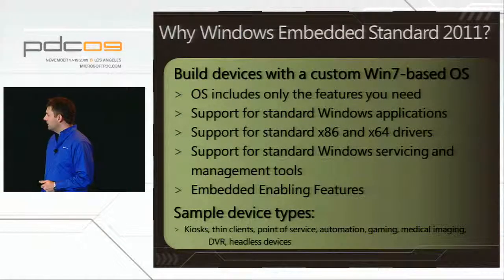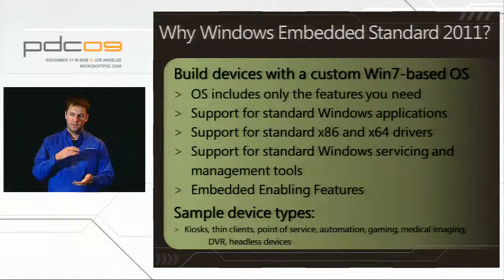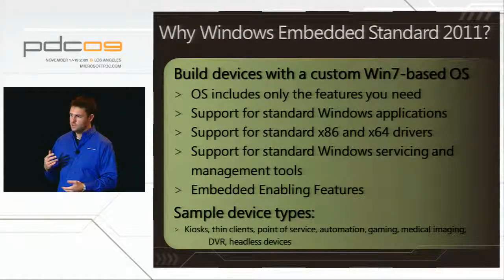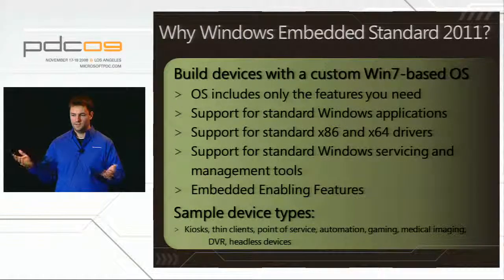So why exactly would you use Windows Embedded Standard 2011? What it is, we take Windows 7 and we break it down into hundreds of packages. Then you're allowed to build the OS from the ground up with only the features that you need. So you've got the full compatibility of your standard Windows 7 applications.